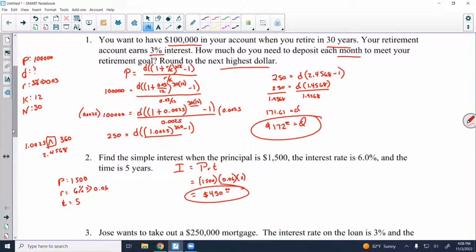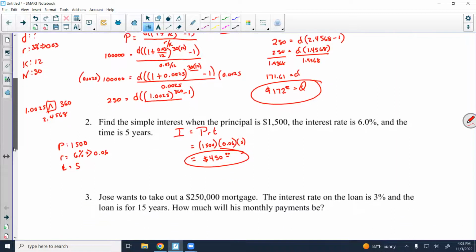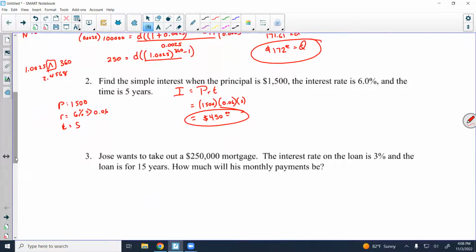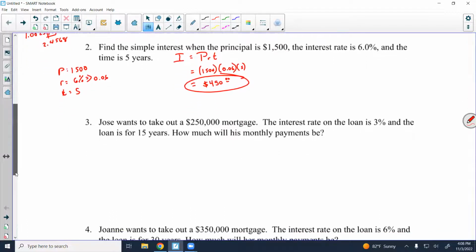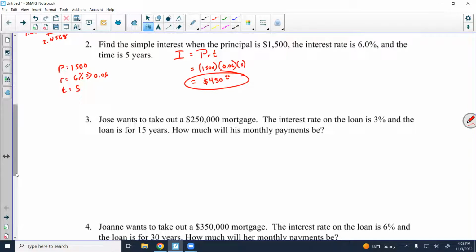Any questions on that one? Okay, number 3 here, looks like we're taking out a mortgage. So remember, the mortgage is the same as the annuity payout formula. Not the pay in, the payout.